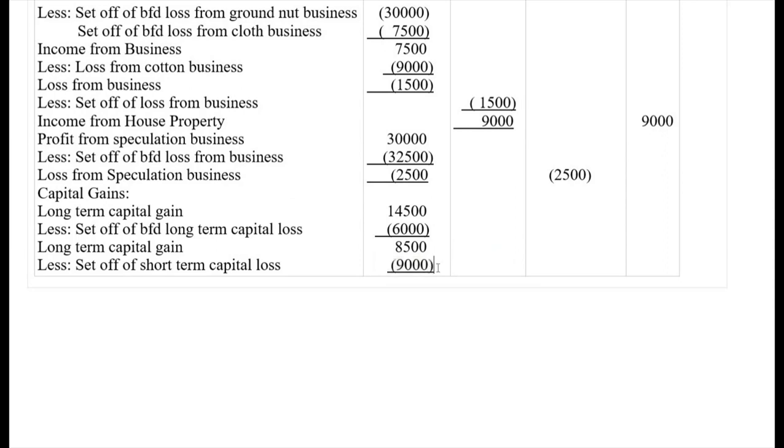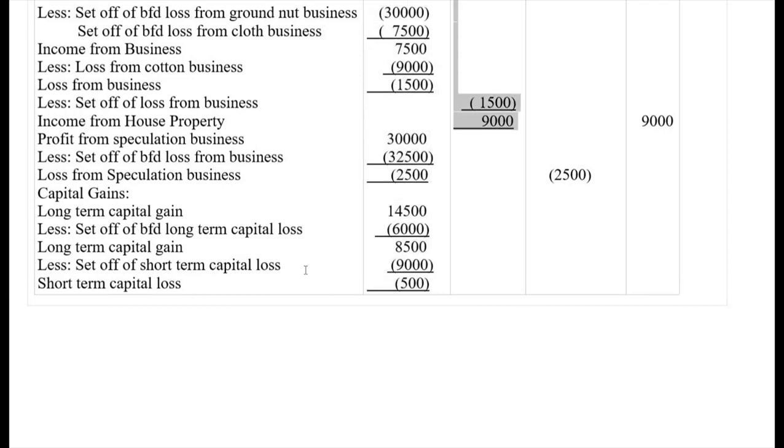So still there will be unabsorbed loss of rupees 500. This is a short-term capital loss which shall be carried forward to the next assessment year. Then long-term cap loss cannot be set off here.